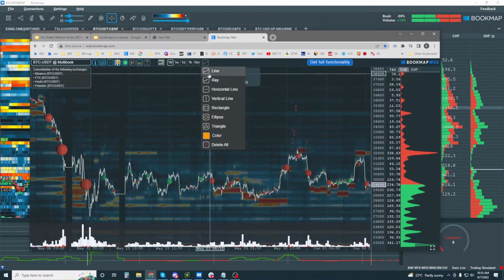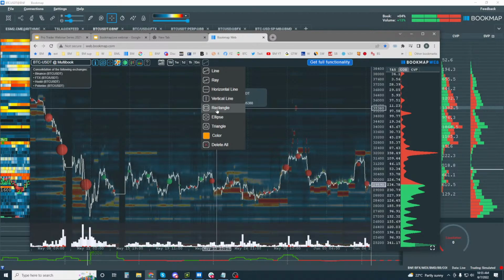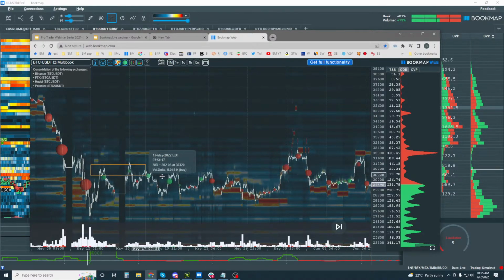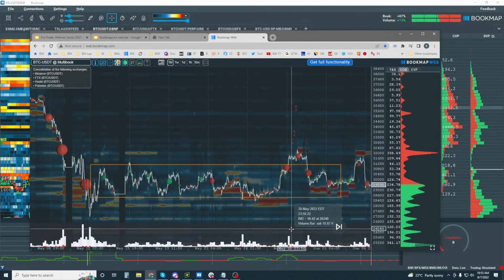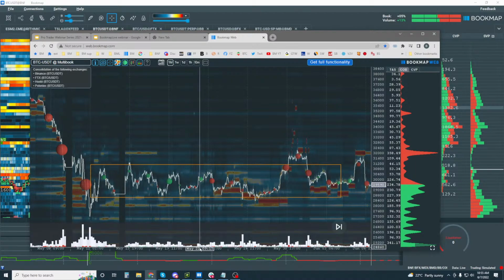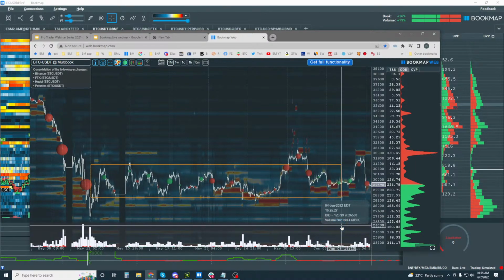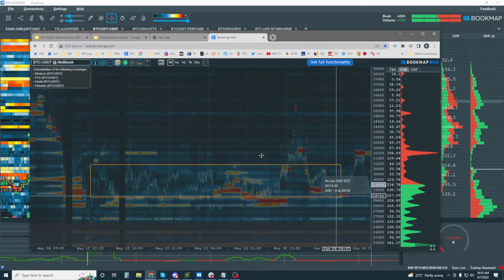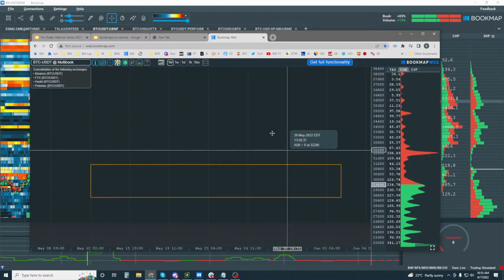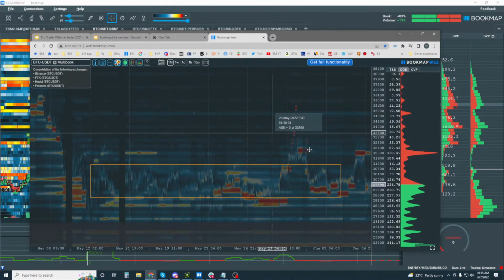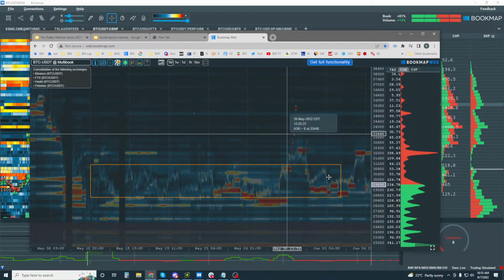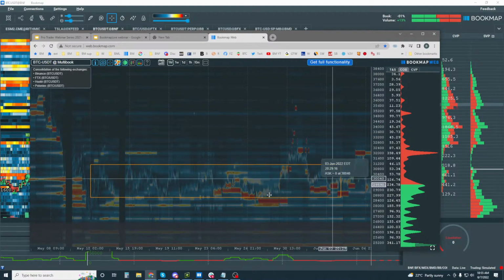Here they are. See this big, huge area here? Consolidation. Let's go to the current market, and now we're going to try to read the order flow in this example as well.